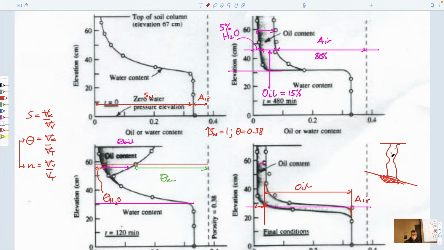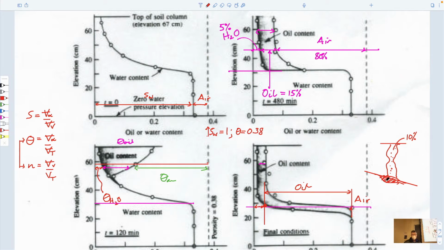This is our chimney. I guess I should have drawn it aligned with it. This is our chimney, which is this portion here. It looks like it's at 10% saturation. Pretty close to the irreducible saturation of the non-wetting fluid. You probably can't get much less than that once you've smeared it with this stuff.